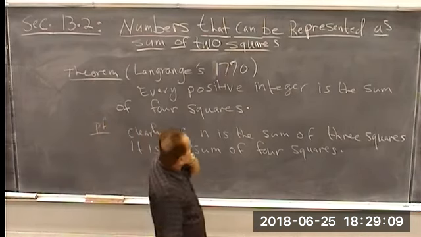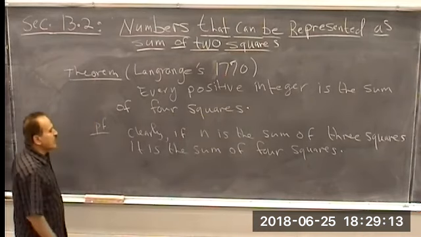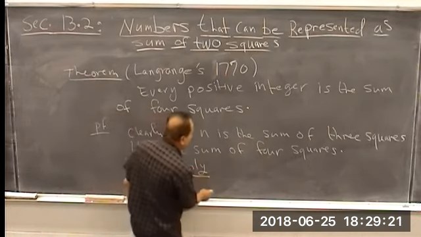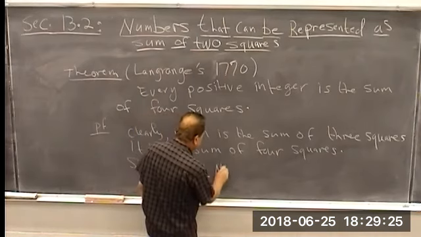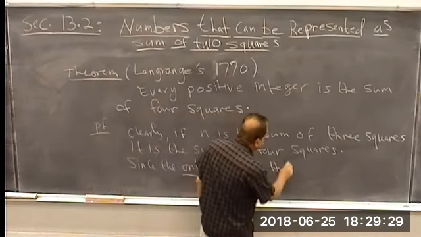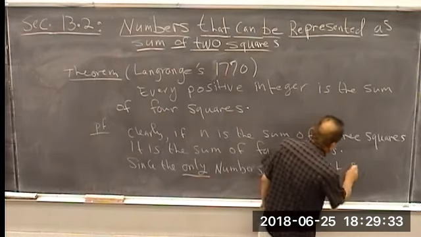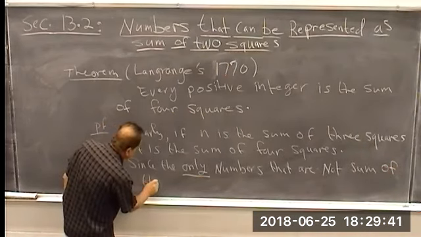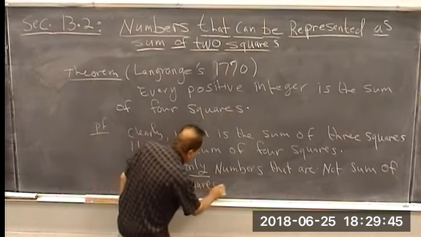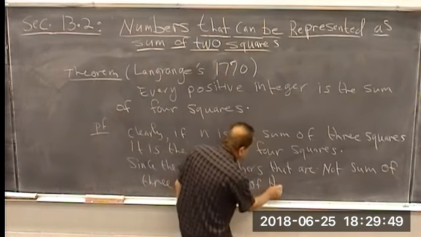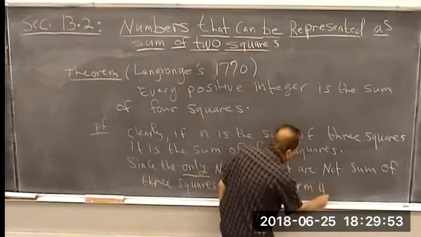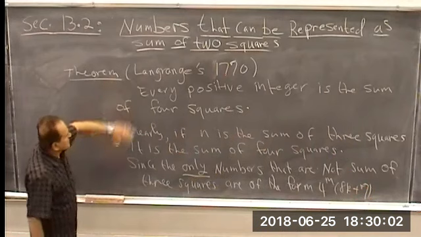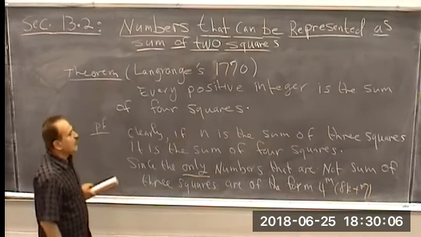All right? So in order to prove this, since we know, if we accept Legendre's theorem, that the only numbers that are not a sum of three squares are of this form, 4 to the m times (8k plus 7), all I need to show to complete the proof is that those numbers can be represented as a sum of four squares.